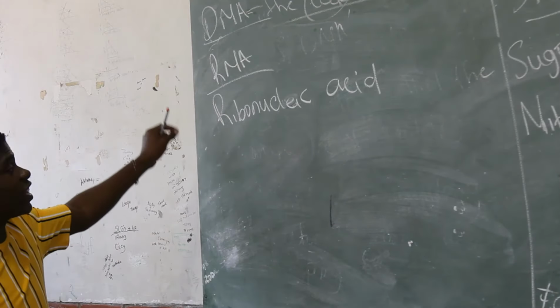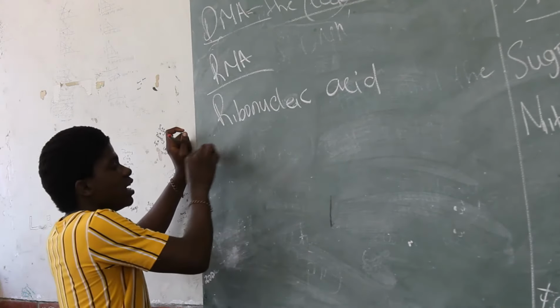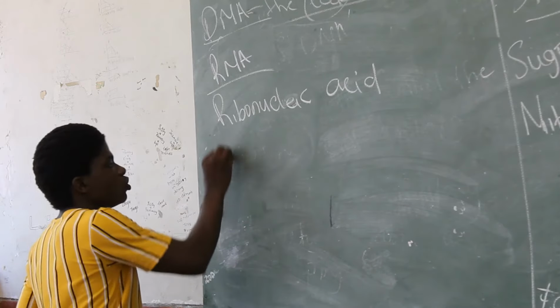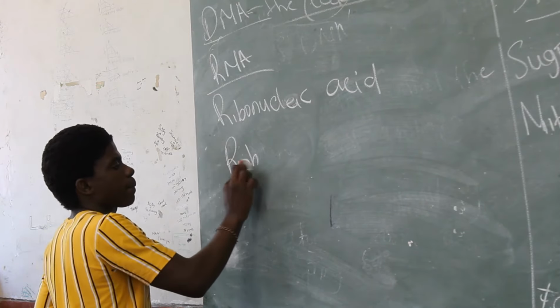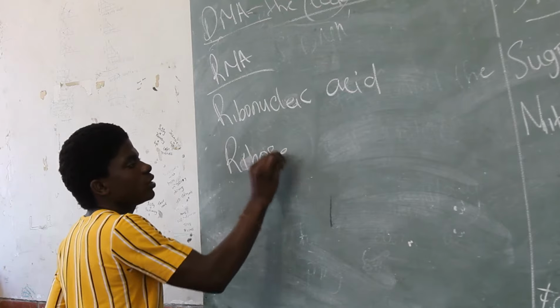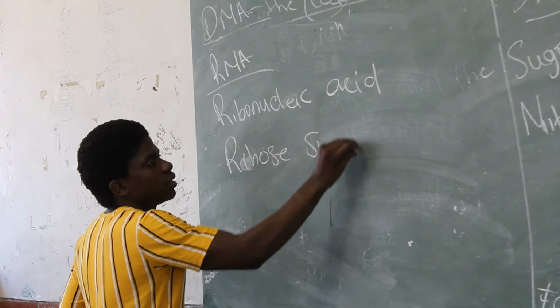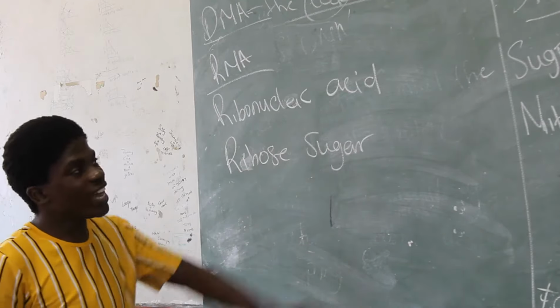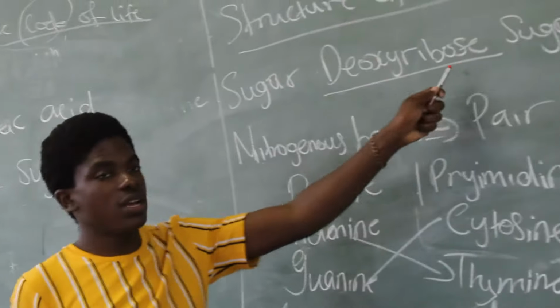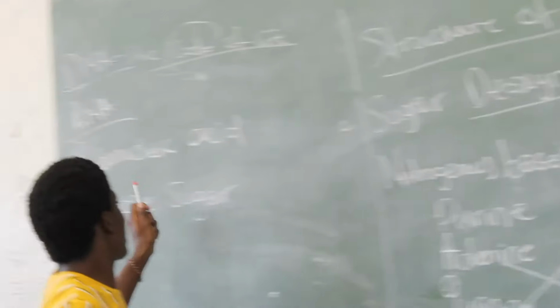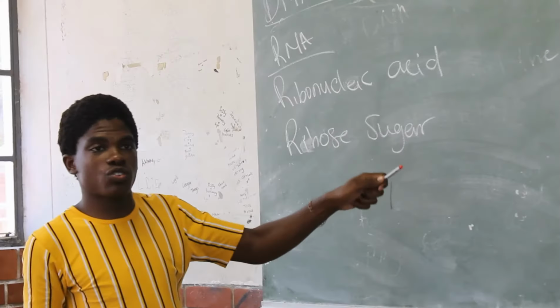The type of sugar found in RNA is called ribose sugar. Do not confuse the two: in DNA we have deoxyribose sugar, but in RNA we have ribose sugar.